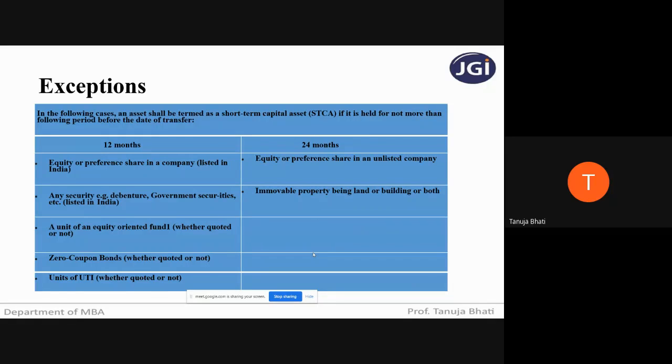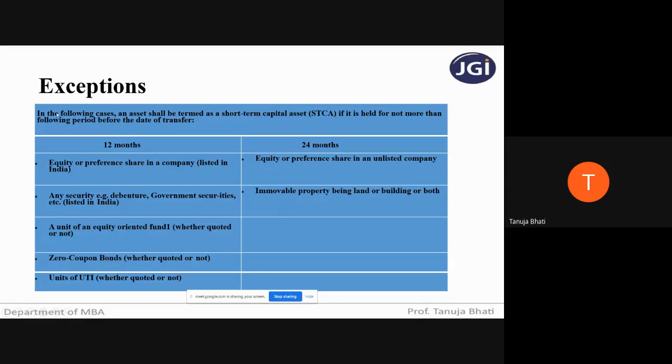Justify your answer. Ma'am, long-term. Am I audible to you all? Yes, ma'am. Ma'am, that short-term period is 36 months, ma'am. Here it is 24 months, but immovable property.